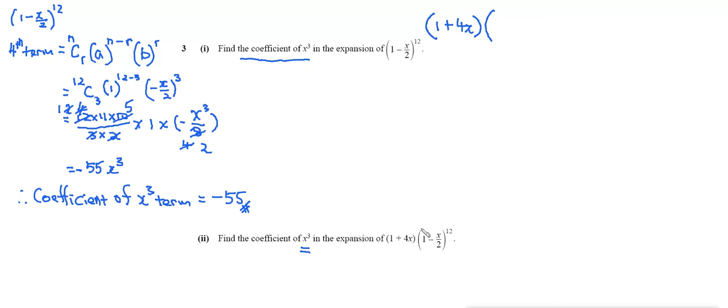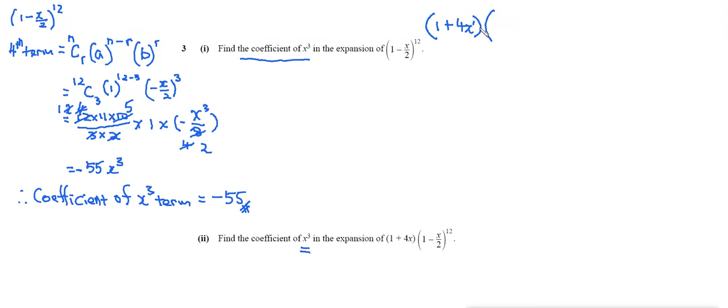Okay, the x3 term from this, then you get a 1 times the x3 term here. Besides that, since this is 4x, you need to find the x2 term in this binomial expansion and multiply together. That will also give you an x3 term. So you have to add both terms together to get the x3 term.